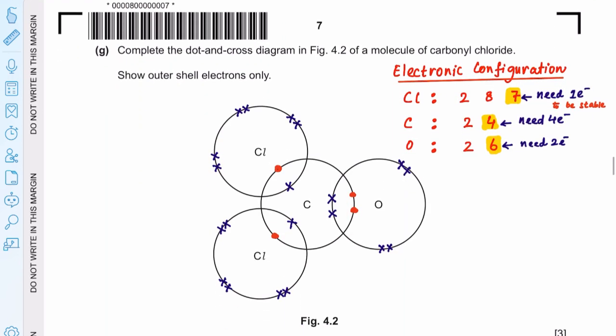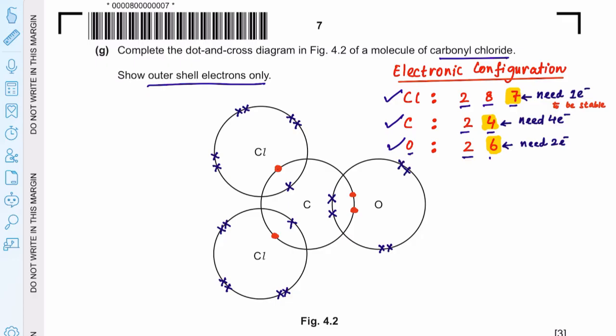Yes. G. Complete the dot and cross diagram in figure 4.2 of the molecule carbonyl chloride and show outer shell electrons only. Okay, so here we have chlorine. Carbonyl chloride means chlorine, carbon, oxygen. The electronic configurations will be 2 8 7, 2 4, and 2 6, because carbon has 6 electrons, chlorine has 17 electrons, and oxygen has 8 electrons.